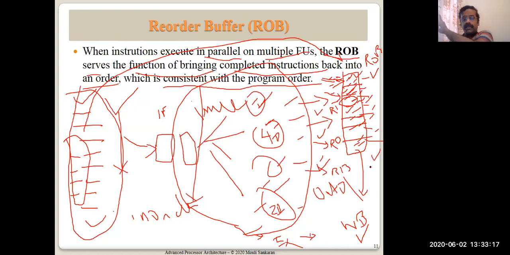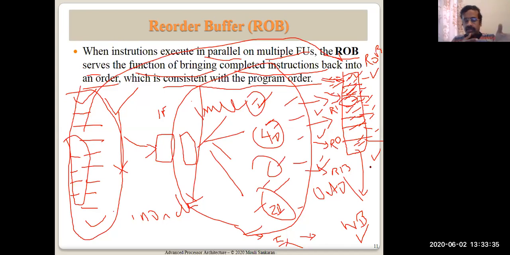It will not go to the register set. Remember, we were having reservation stations to hold the values. We are not actually reading from the register set, we are holding it. Similarly, writing also we are holding it. We are not writing into the register set immediately.